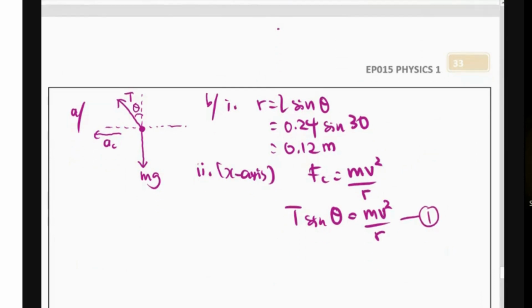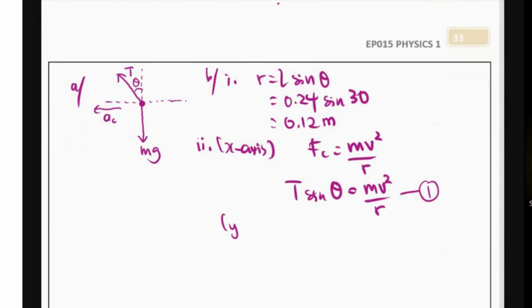And then we can solve for the y-axis. On the y-axis, we use the concept that the net force is 0, because the ball is not moving along the y-axis. It only moves along the x-axis in a horizontal circle.